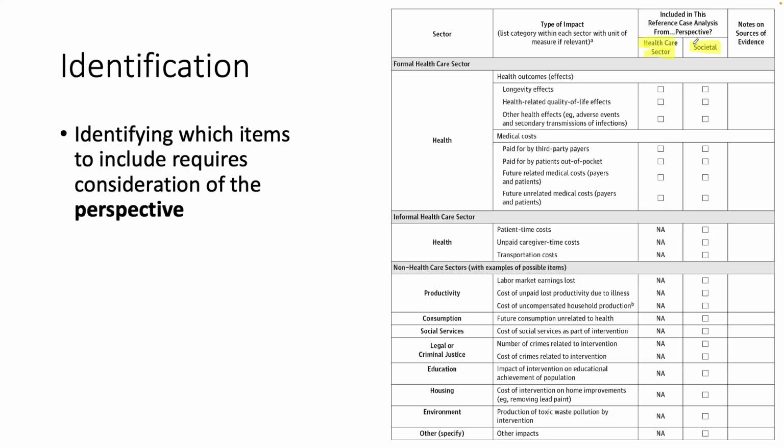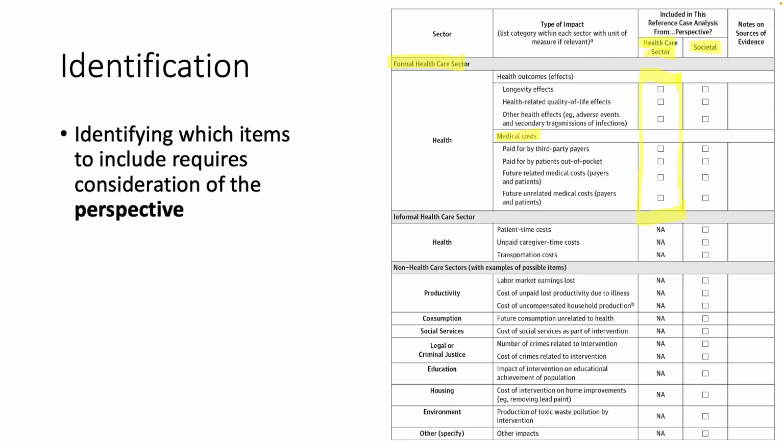So let's just talk about healthcare sector first, because this is the most straightforward and maybe the most common perspective used in CEA. So you see that with the healthcare sector perspective, they're only suggesting that you need to look at these costs right here. So something that is directly incurred by the healthcare system or sector. First we're going to kind of skip over health outcomes, and we'll just go right to medical costs.